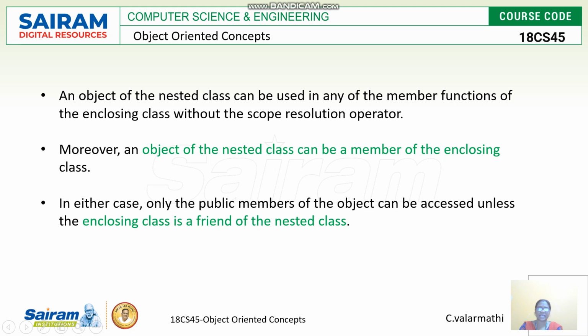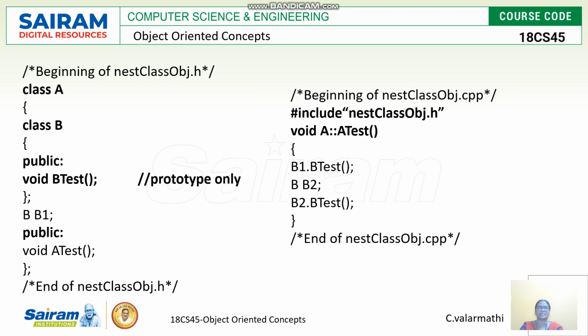So the object of class B can be used as a member of class A. Then one more, the members of the object can be accessed unless the enclosing class is a friend of the nested class. In some cases the public member of the object can be used unless the enclosing class is a friend of the nested class. These are some of the points.